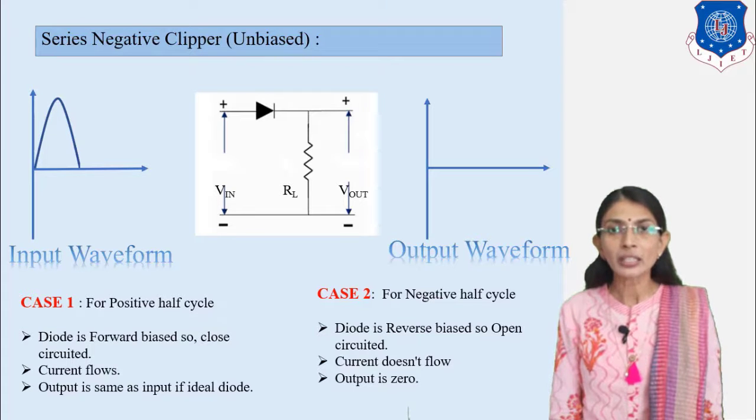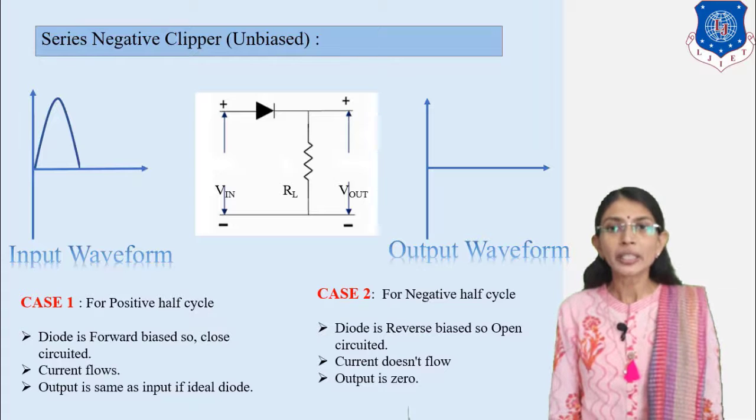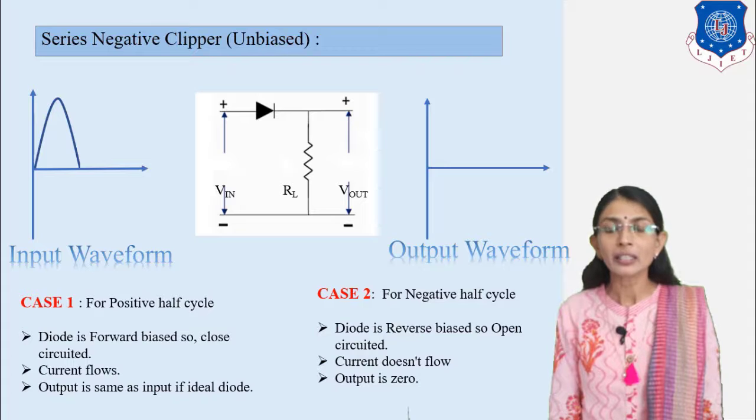Whenever the positive half cycle of the input signal is applied, plus is connected with the P type of diode. So the diode will be forward biased and therefore it will act as a closed switch. If an ideal diode is considered, then maximum current flows and, due to the closed switch, the resistance will be 0 and we are getting the maximum output.